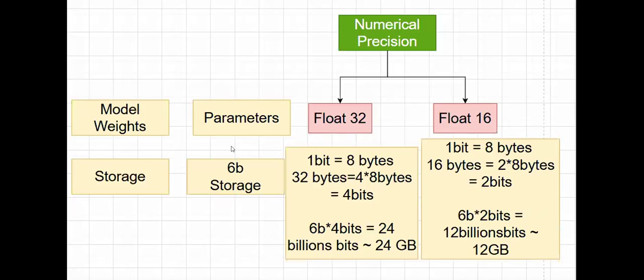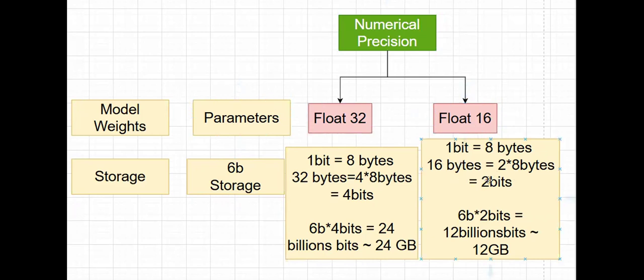Let's say I want to train this model with float 16-bit numerical precision. Let's consider how much storage we are using. 1 byte is equal to 8 bits, so to represent 16 bits, we need just 2 bytes.